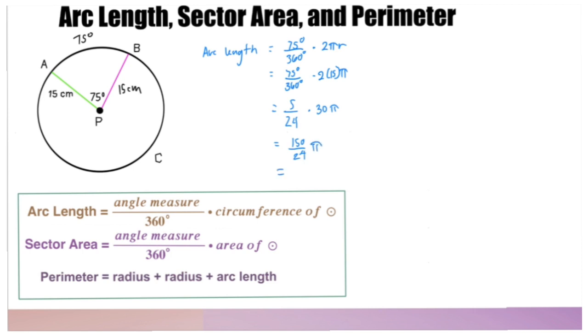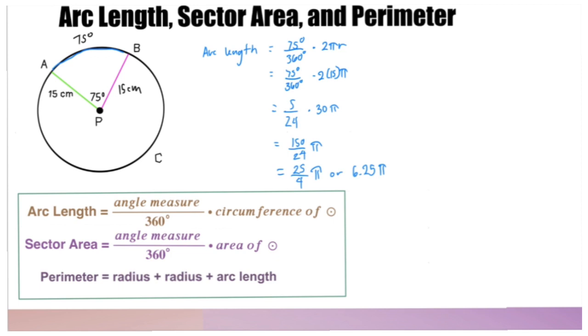And if we simplify this, 150 divided by 24, we're going to have 25 over 4 pi, which you can also write as 6.25 pi. So that's the arc length. By arc length, it's the length from A to B. The length of that is 6.25 pi.